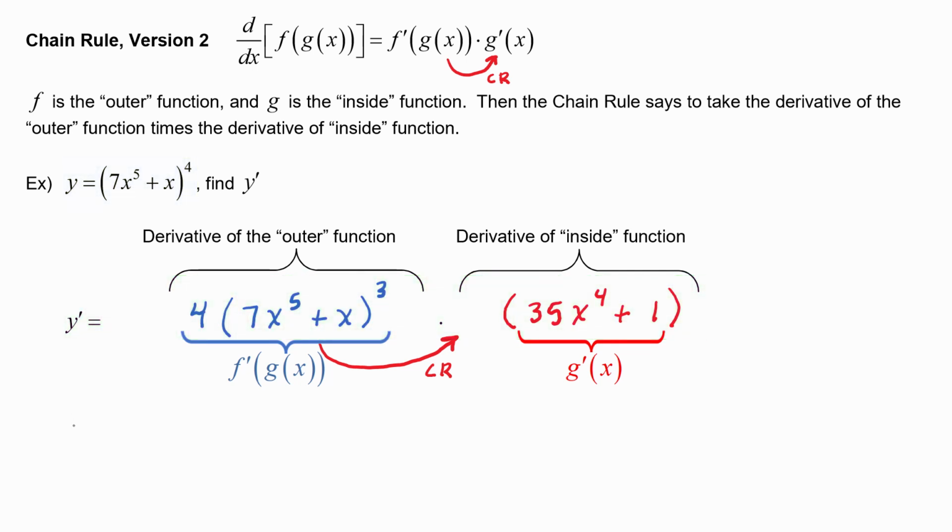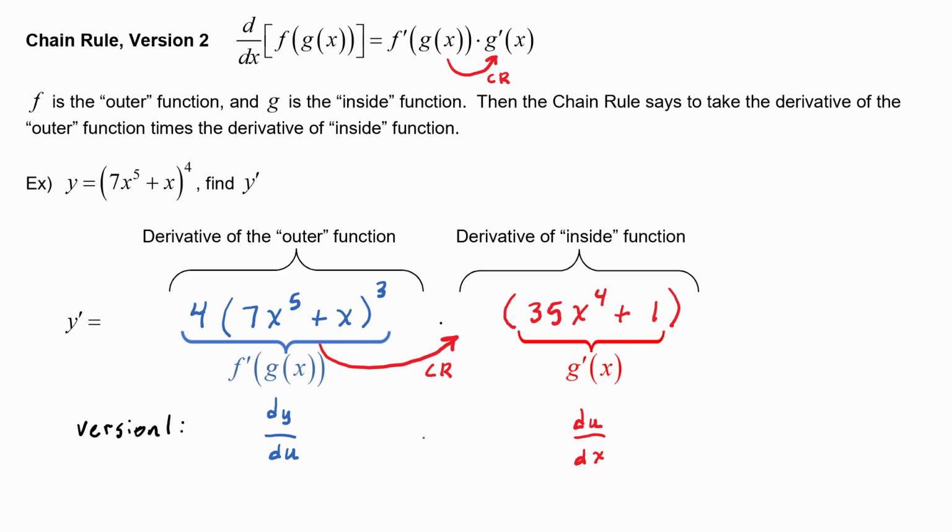Now, if we compare this to version 1, this first part here is dy/du, and then, of course, already the u being substituted back to x, times the second part, which is du/dx.